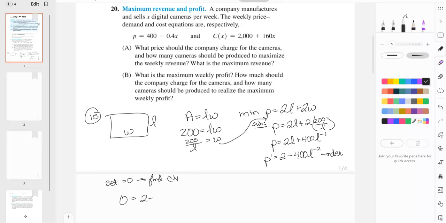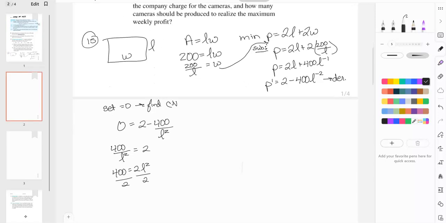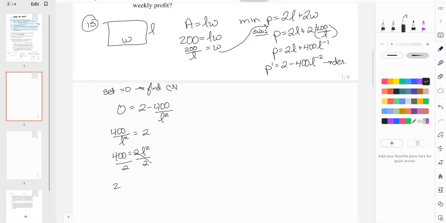0 equals 2 minus 400 divided by L squared. So I'm going to move this term to the other side. I'm going to multiply both sides by L squared. Divide both sides by 2. We're trying to get that L by itself. So we have 200 equals L squared. And if I take the square root, it's going to be the square root of 200.